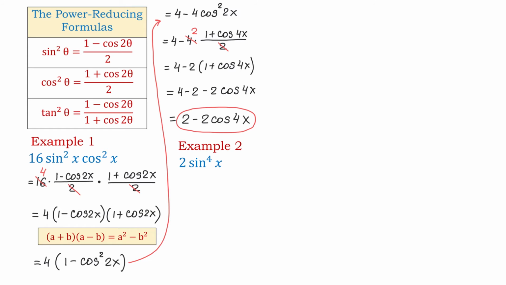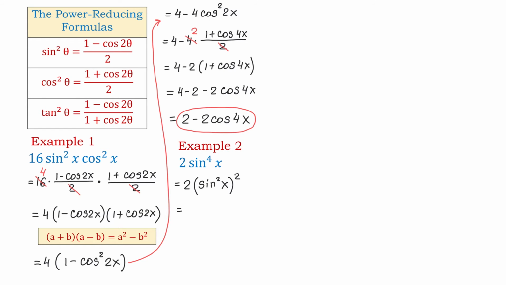And in this example we have 2 sine to the fourth power of x. In the first step we will bring down 2 and we will rewrite sine to the fourth power of x as sine squared of x all squared. Then inside the parentheses we will replace sine squared of x with the first formula.